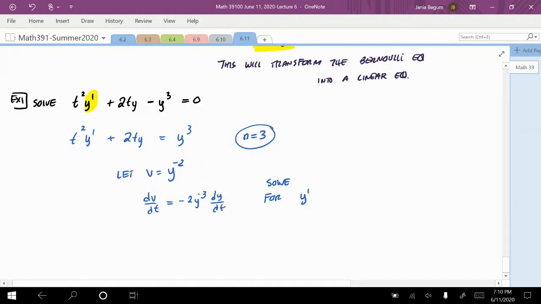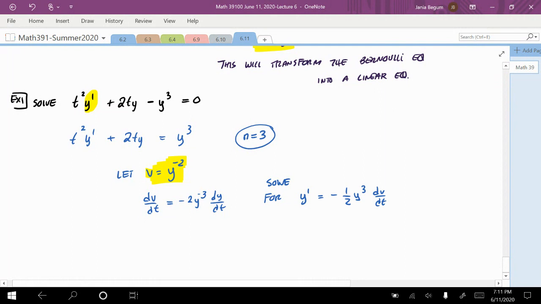So we're going to substitute y prime, and then if the term y to the negative 2 appears, we're going to make this substitution as well. So let's solve for y prime. What is y prime from the derivative dv dt? We will have negative 1 over 2 y cubed dv dt.